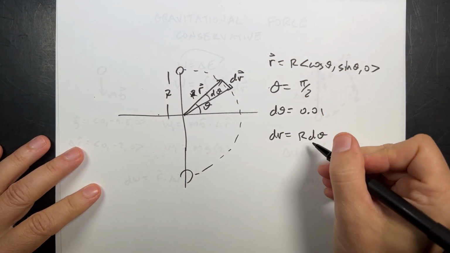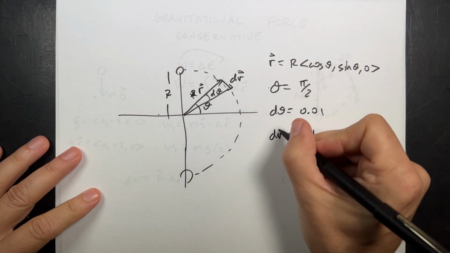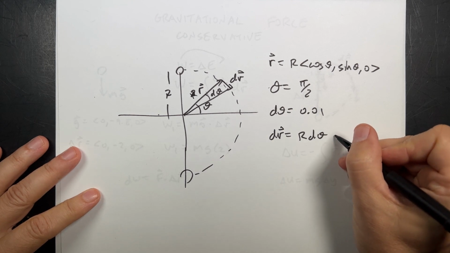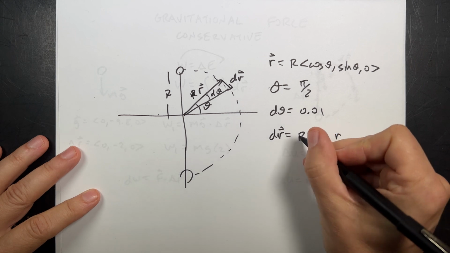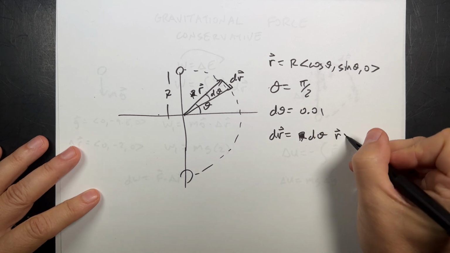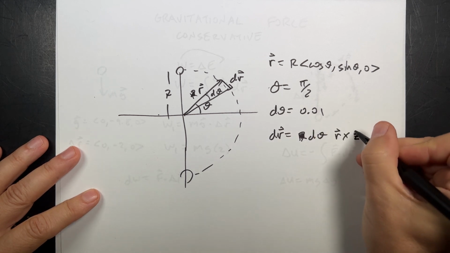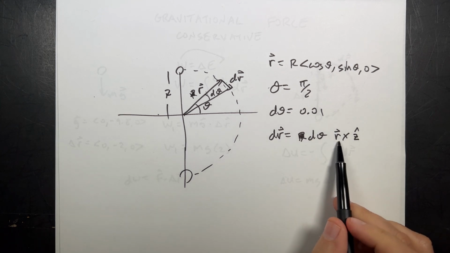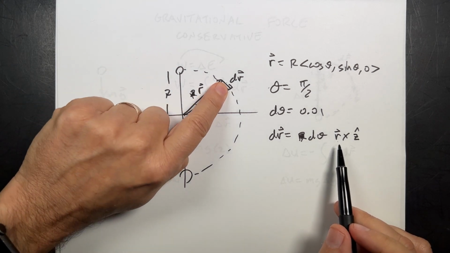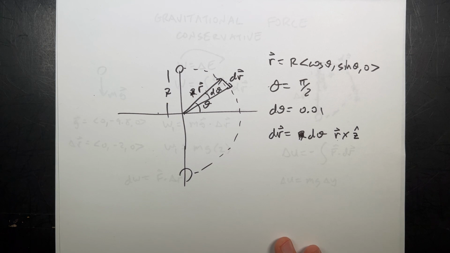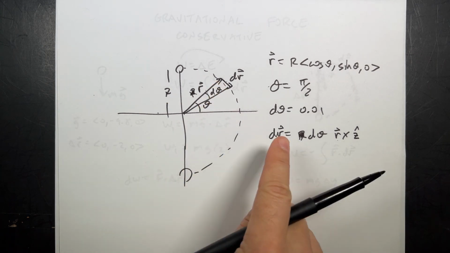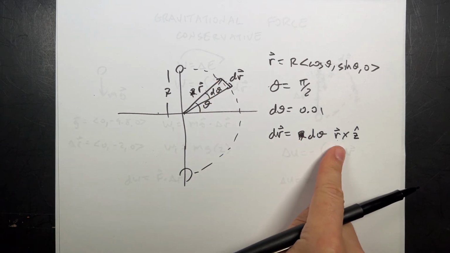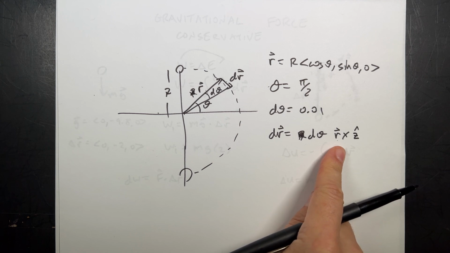So this direction I can just put on here, dr, r cross z hat. So r cross z hat is going to give me the correct direction right there, and then I get the correct magnitude based on d theta and the direction based on this. It's a little bit of a trick, but it's fine.